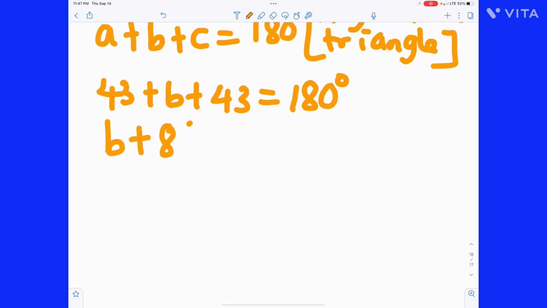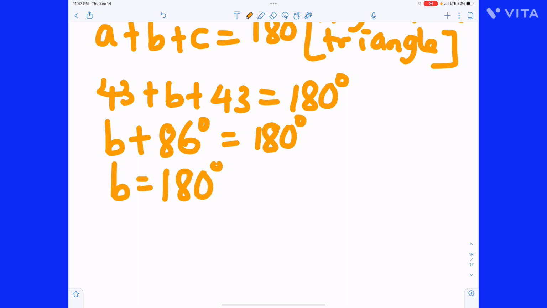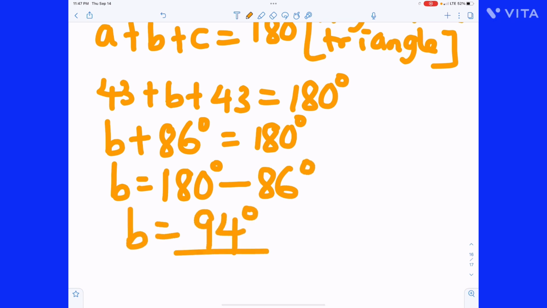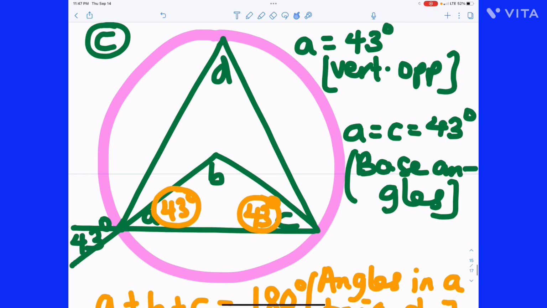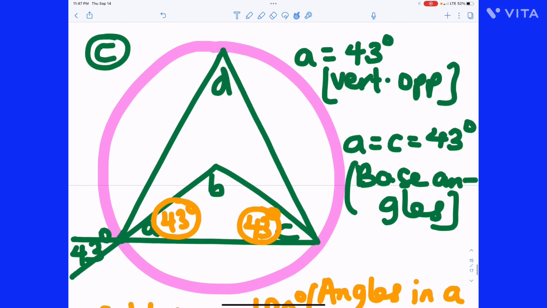So B plus 86 is 180. B is 180 minus 86. B is 94.